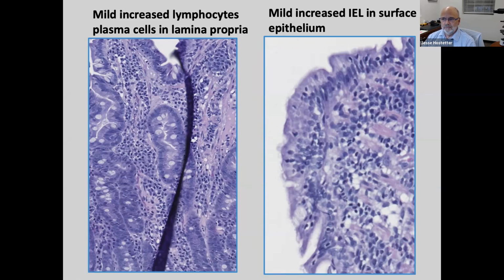And we can confirm our suspicion of inflammation by seeing some of the other changes there, such as the villus blunting and fusion and the increased IELs. It's very good. You can see the difference between when you have a really severe lymphoplasmacytic inflammation that's fairly straightforward, and you can see it right away, to mild to moderate inflammation, which is a little trickier.